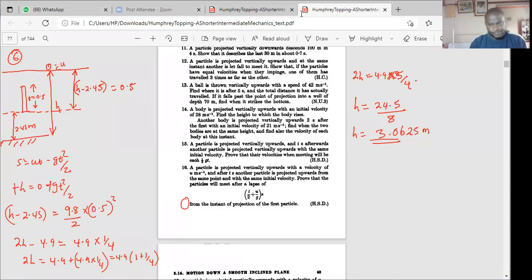Number 10. Number 10 says a particle is projected vertically upwards with a velocity of u meters per second. And after t seconds, another particle is projected upwards from the same point and with the same initial velocity. Prove that the particles will meet after a lapse of that time from the instant of projection of the first particle.